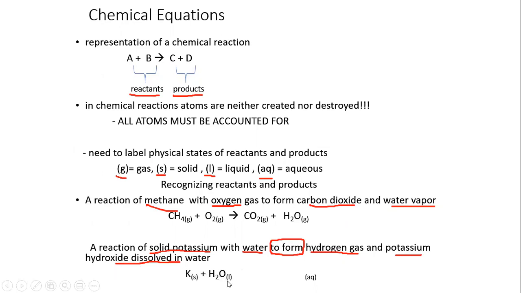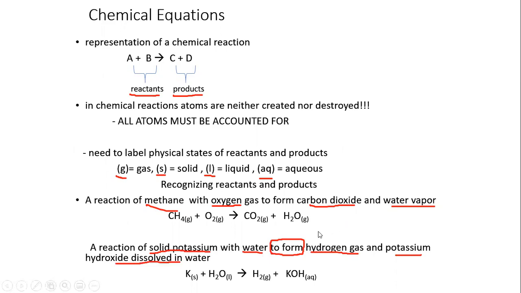Water is a liquid, solid potassium means we use the subscript S, yields hydrogen gas and potassium hydroxide dissolved in water, which indicates that it is an aqueous product. And so again, reactants are what we start with, products are what we form.